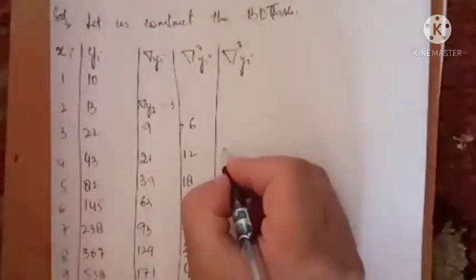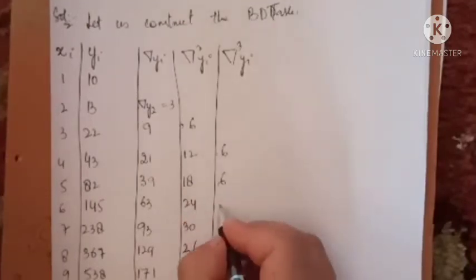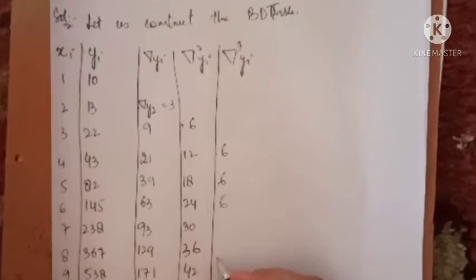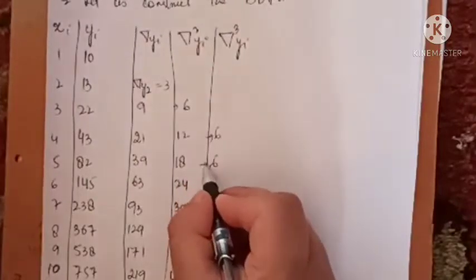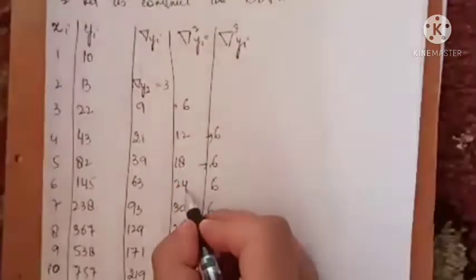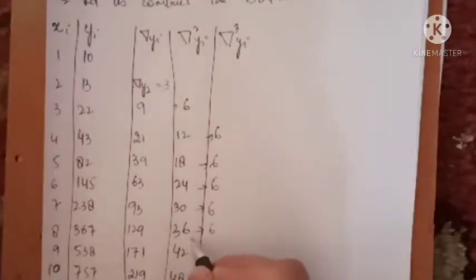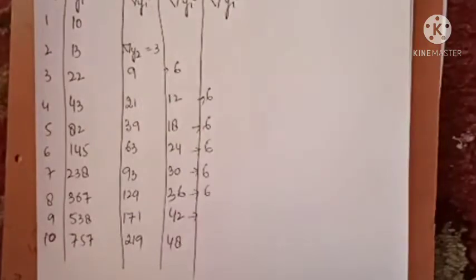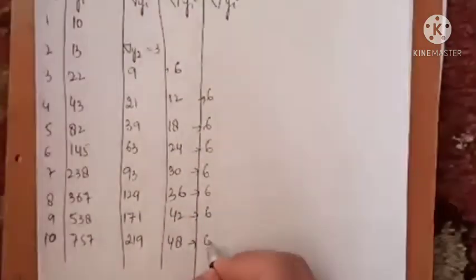So this will be a 6, 6, again a 6, 30, this is 6, 24 minus this, 30 minus this, 36 minus this 6, 42 minus 6, 42 minus 36 is a 6, 48 minus 42 is a 6.